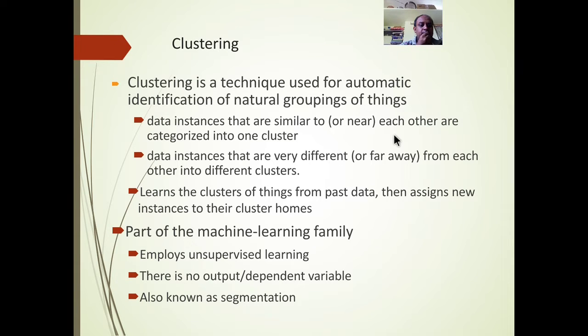It learns the clusters from past data, then assigns new instances to the clusters, and it is part of the machine learning family, and it is unsupervised learning. There is no output dependent variable.